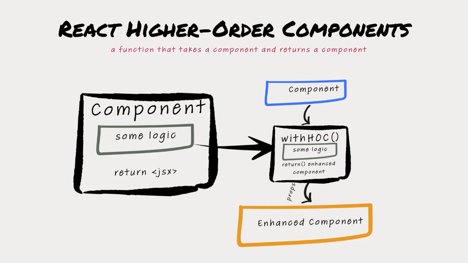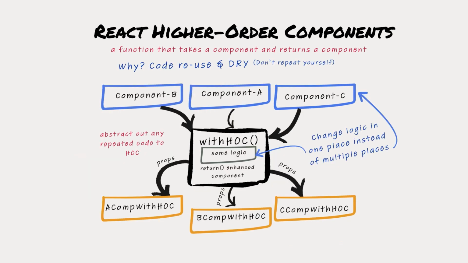So why would we do this? Why not just have a component that does all of that? Here's a use case. Say we have 3 components now, and they all have very similar logic. They all fetch some data from an external API and then return some JSX, but they style things differently and it's a different data structure.